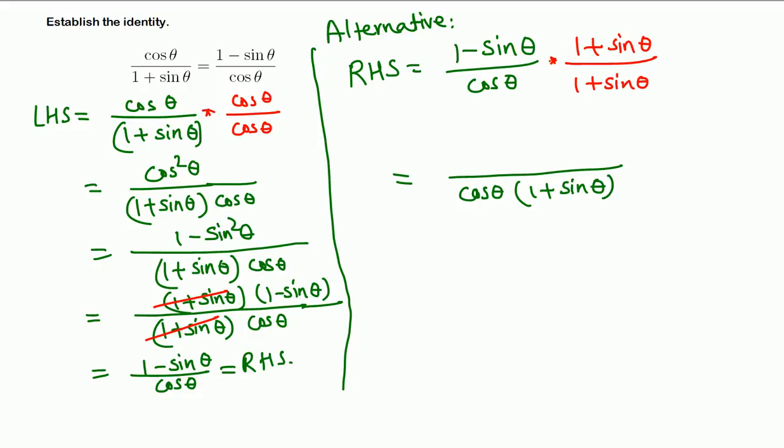On the top, we just FOIL. 1 times 1 is 1, 1 times sine theta is plus sine theta, minus sine theta times 1 is minus sine theta, and minus sine theta times positive sine theta is minus sine squared theta.